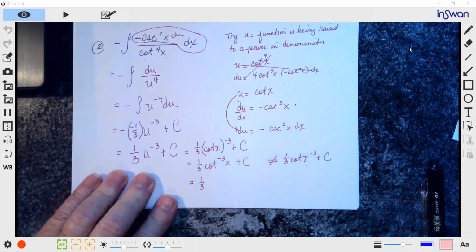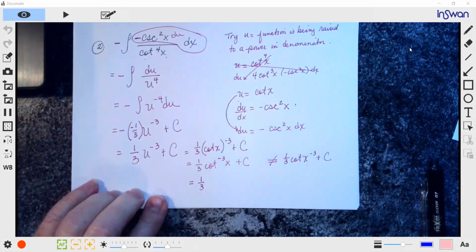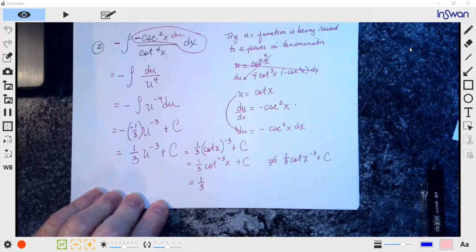What's 1 over cotangent? Would it be cosecant?